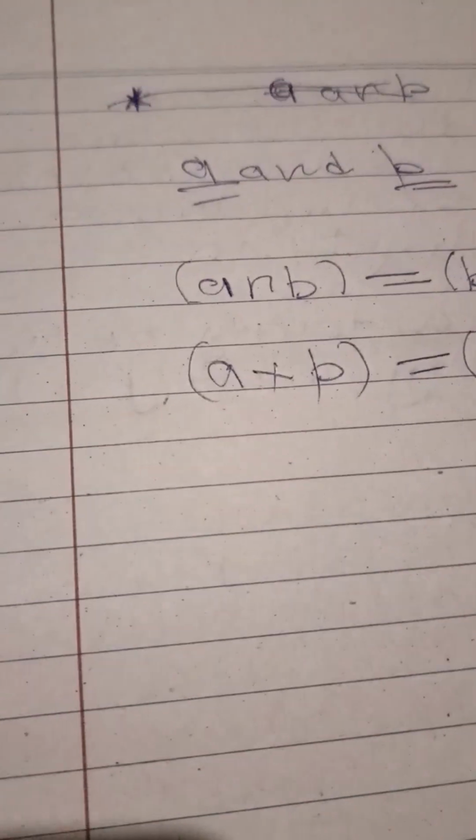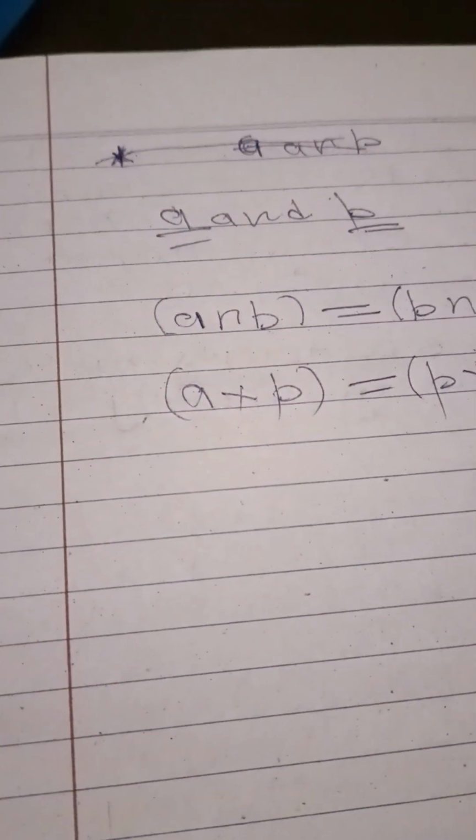On the other hand, the commutative law deals with the operation of grouping.